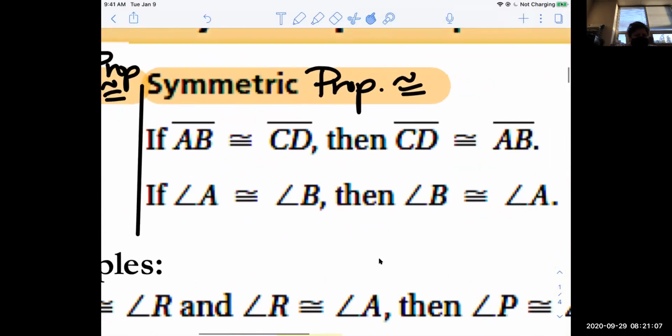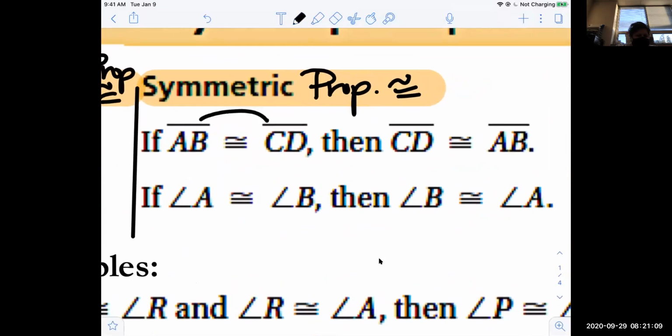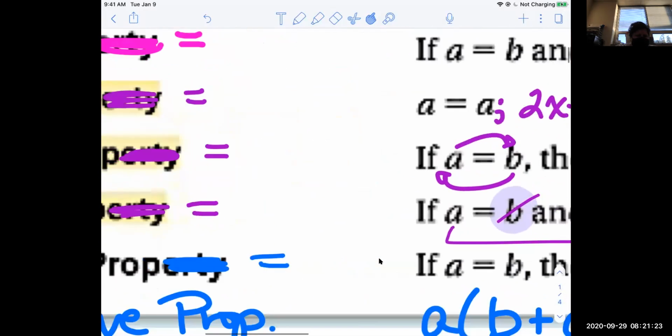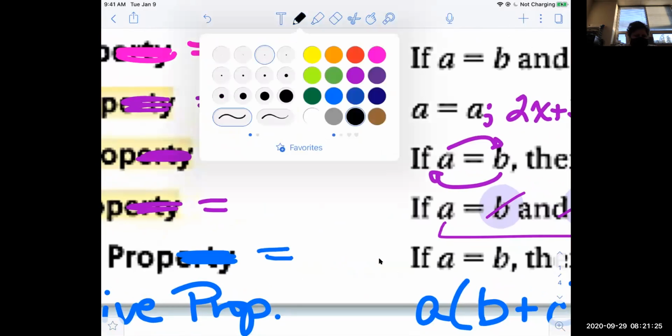Symmetric. Symmetric says you're allowed to flip the two sides. So I'm taking my if and flipping the two sides to get my conclusion. The first one's with segments, the second one's with angles. For symmetric, I didn't say this up here, but sometimes it's helpful to think about a line of symmetry.